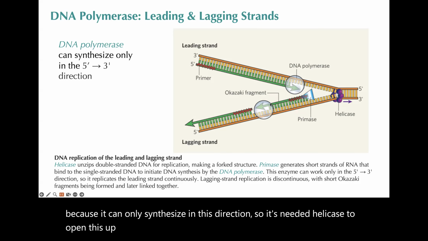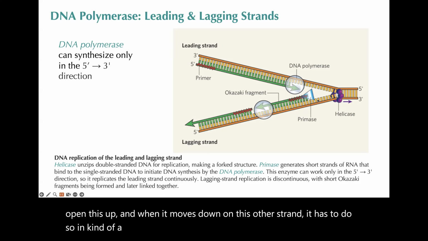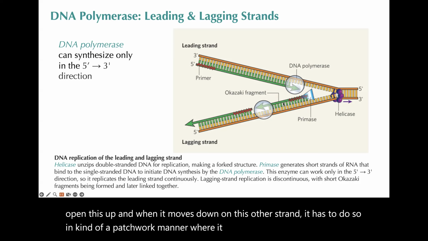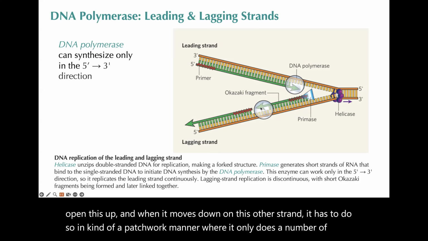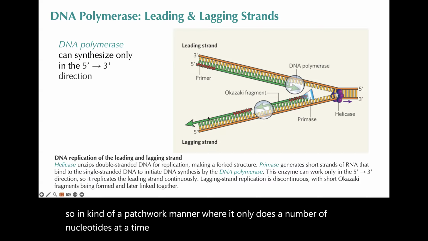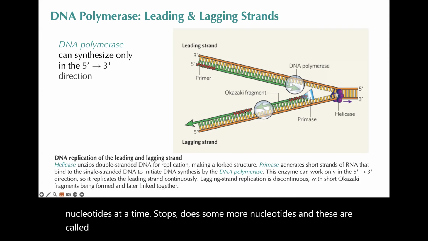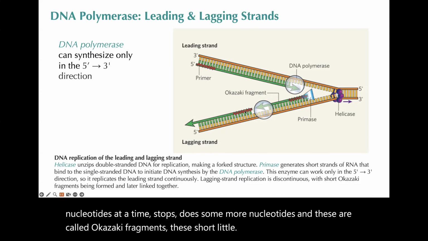And when it moves down on this other strand, it has to do so in a kind of patchwork manner, where it only does a number of nucleotides at a time, stops, does some more nucleotides, and these are called Okazaki fragments, these short little fragments of DNA.